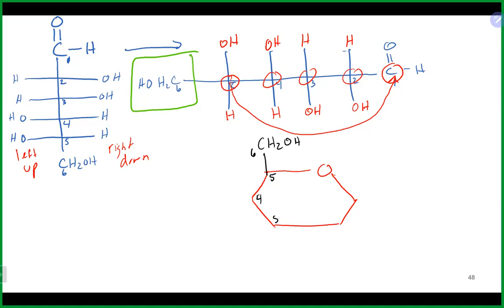That would make that carbon number 3. If I learned how to count backwards, that would be 3. That would be 2. And then that would be carbon number 1 there. So we always put that carbon number 6 up and to the left, and then use that as a reference to number all the rest of the carbons that are present. Any questions on that so far?